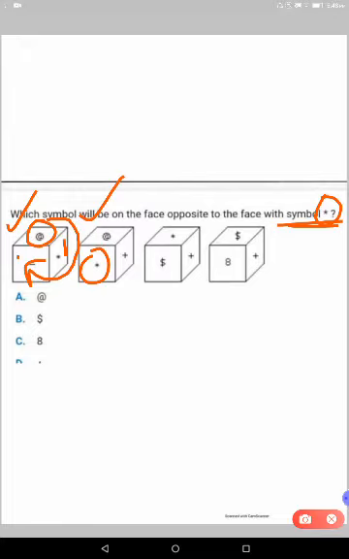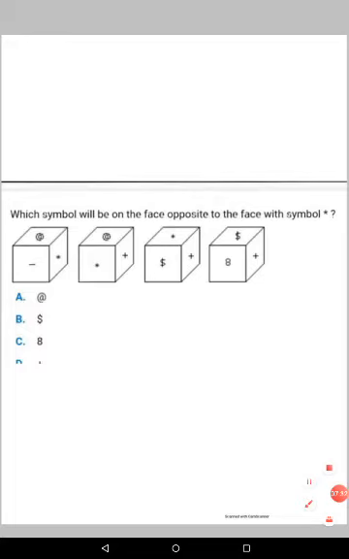Okay, now in this figure again rotate it clockwise. Now here, starting with that, first figure is star and second figure is plus.